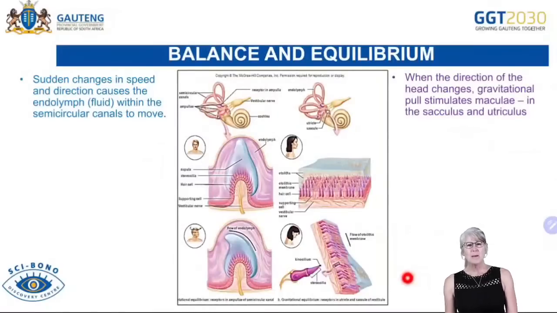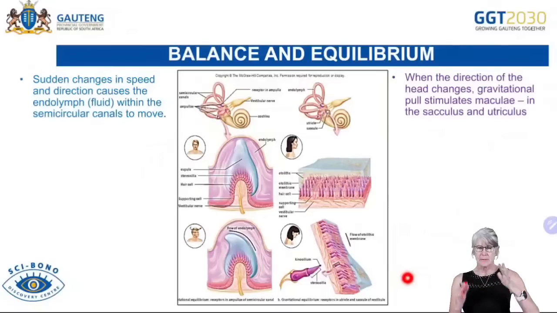All right, now balance and equilibrium. Balance and equilibrium basically keeps us from falling over when we walk around, run around, jump, sit down, or stand up. Balance and equilibrium is about the position, or the speed and direction in which our head is traveling, which stimulates receptors.